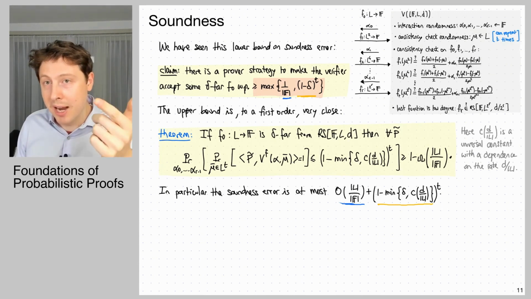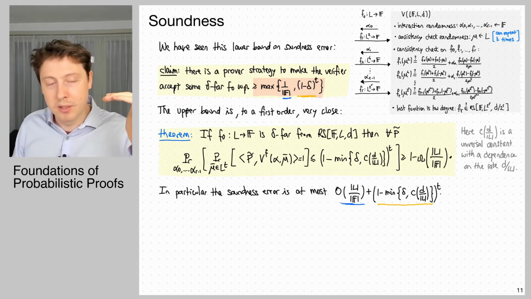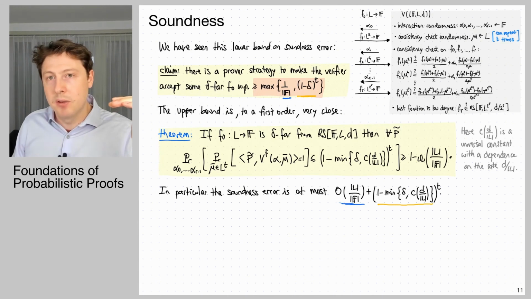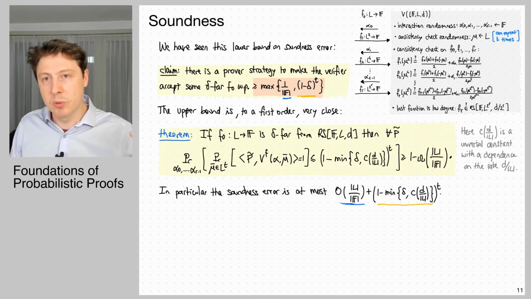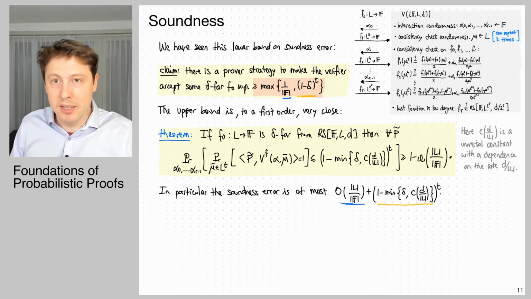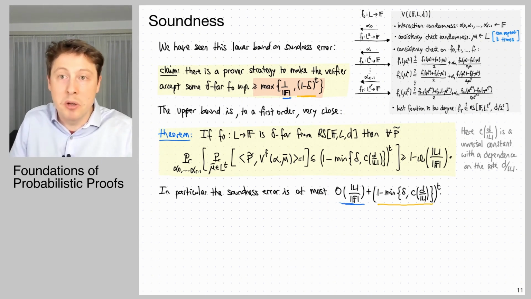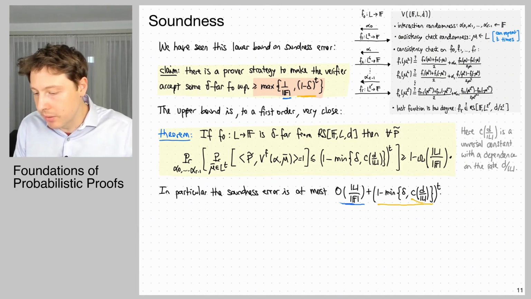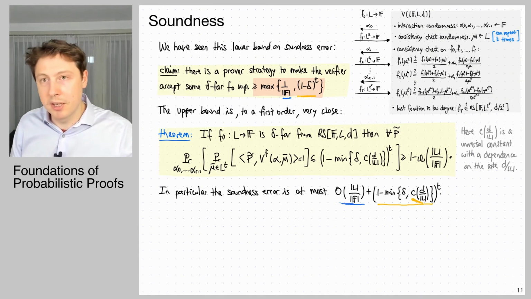This should not look alien, since we discussed linearity testing and low degree testing. In both cases we had this saturation behavior: if the distance was too far, all we could say was that the rejection probability was above something. Or similarly, that the acceptance probability is at most something, but not something too small. And here we have a constant, C, a universal constant that depends on the ratio between the degree and the domain.